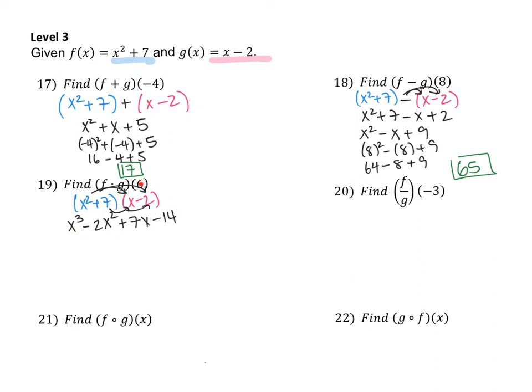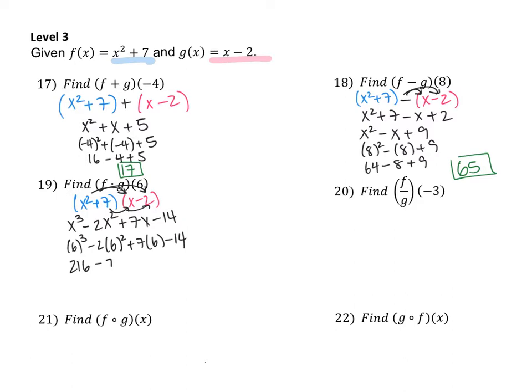So I'm going to go ahead and now plug in 6. So this is probably going to be a big number because I have to cube 6 and I have to square it. So if I cube 6, that's like 6 times 6 times 6, 216. If I take 6 squared, that's 36, times 2 is going to be, I believe, 72.